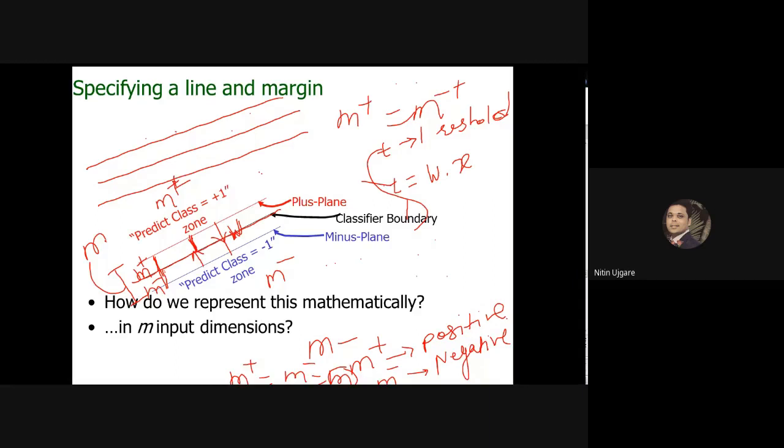So that's it from today's lecture. In the next lecture, we'll see how the support vector machine problem, or this finding of a maximum margin classifier, enters into a minimization problem.